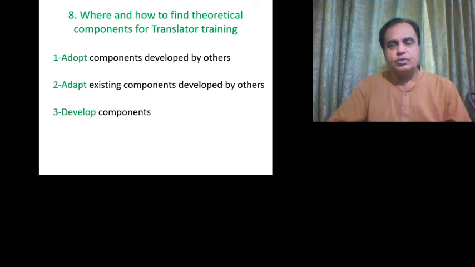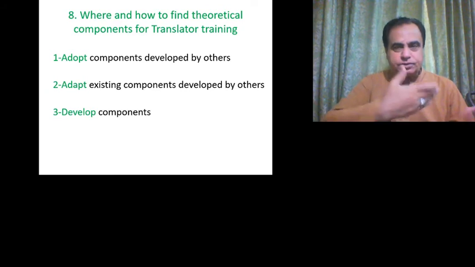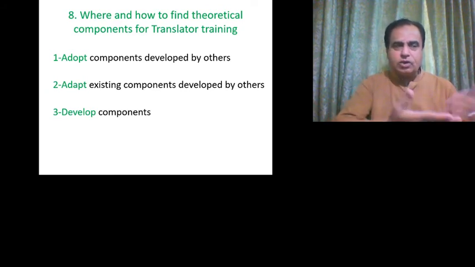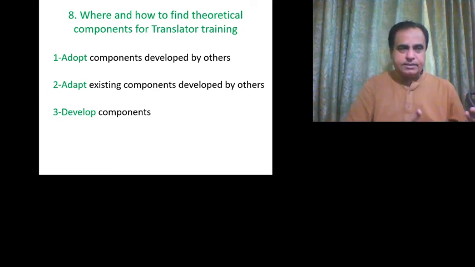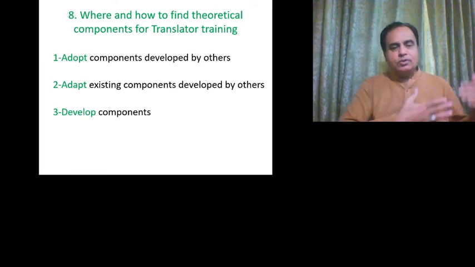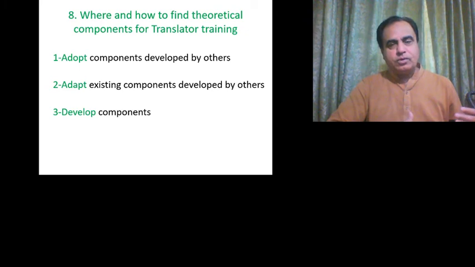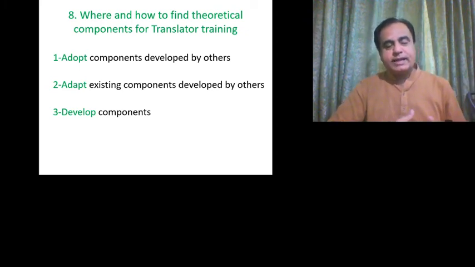In the beginning, you adapt, and then you bring a lot of changes, in a way that ultimately your material or your book or your text becomes totally different from other sources.